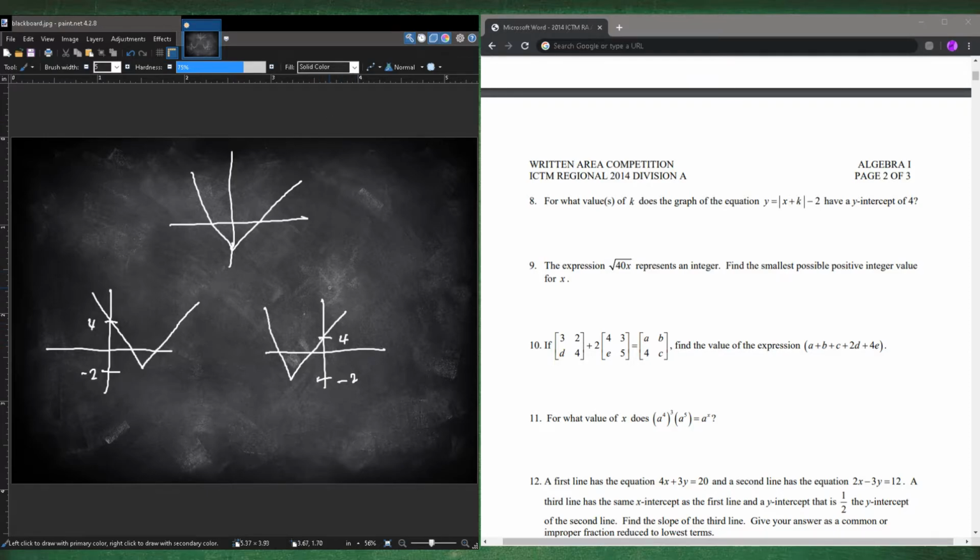So how we need to know that is that if this is some kind of length, and this is 4, and this is -2, that's 6, right? So when you take the absolute value of a function, the slope is going to be 1. So we know the slope is going to be 1. So all we have to know is that this length is equal to that change in height.